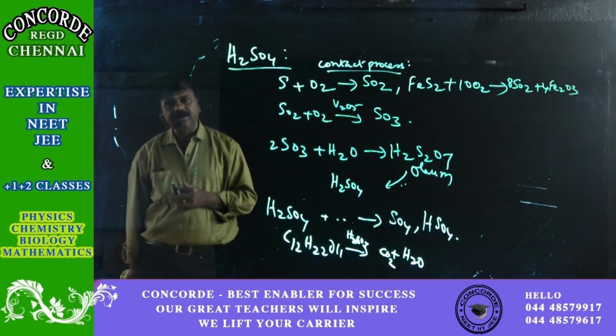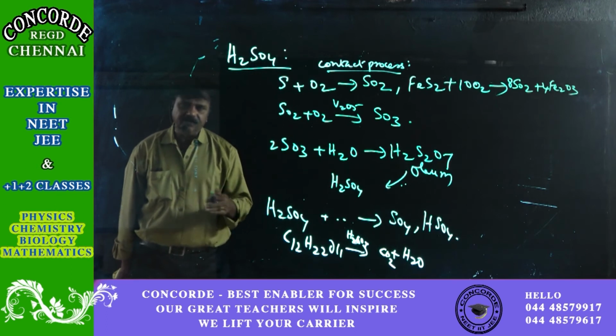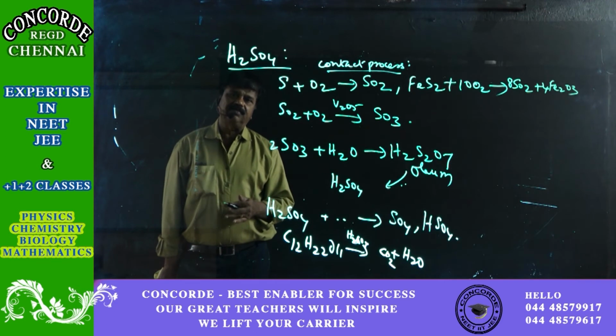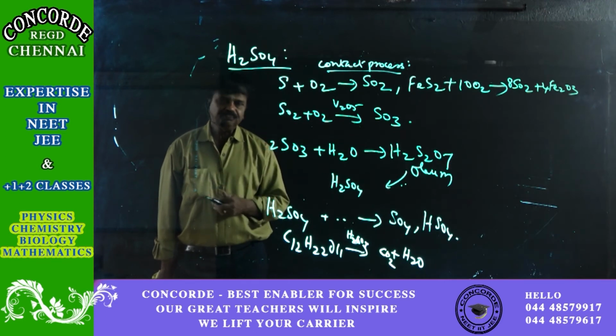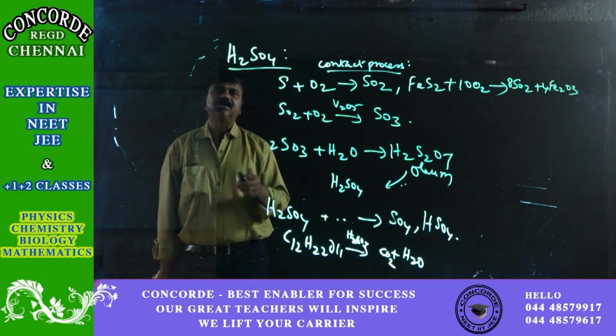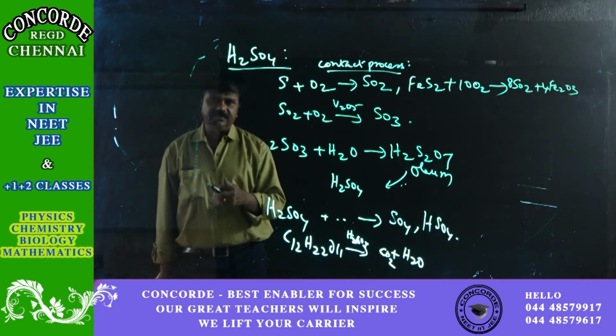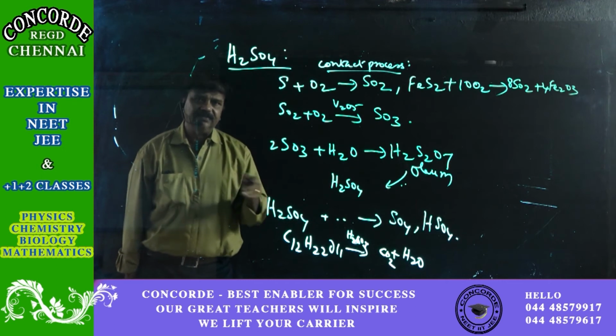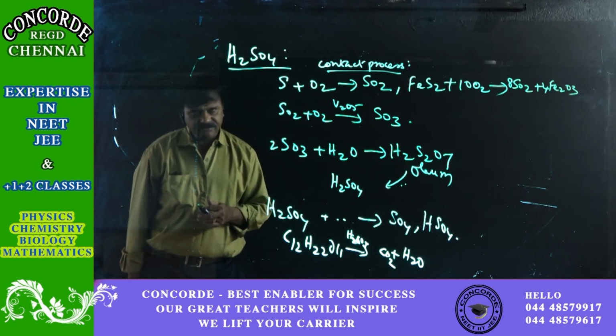And then if you take uses of sulfuric acid, it has a lot of uses. One is as a laboratory agent. It is used in the manufacture of paints, lacquers, and other things. It is used in the manufacture of fertilizers like ammonium sulfate, superphosphate, and any of the sulfate fertilizers can be prepared only using H2SO4.